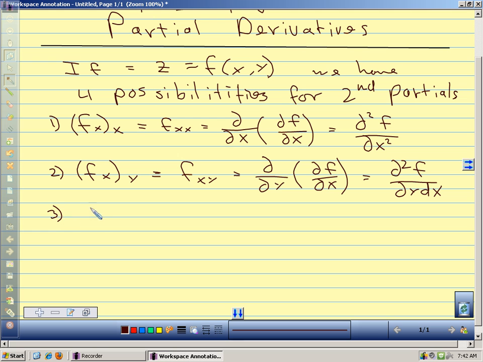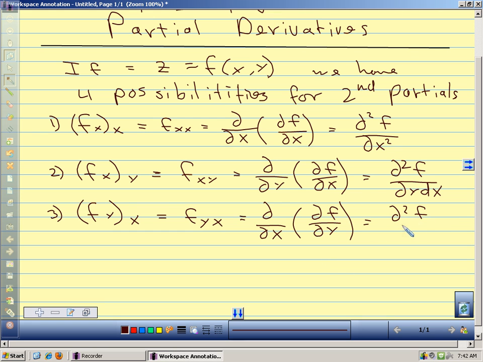Our third possibility, we first take the partial with respect to y of our function and then differentiate that with respect to x. We write that as fyx. That's d dx of df dy. And we write that as d squared f dx dy.